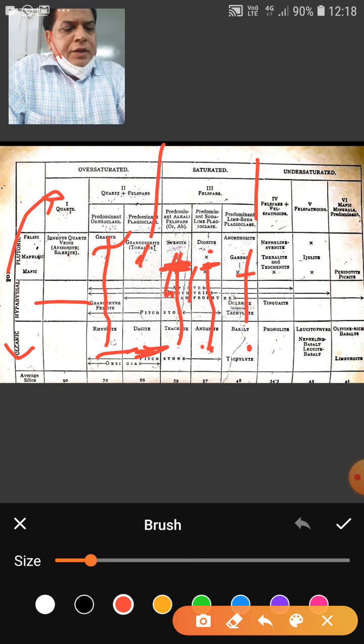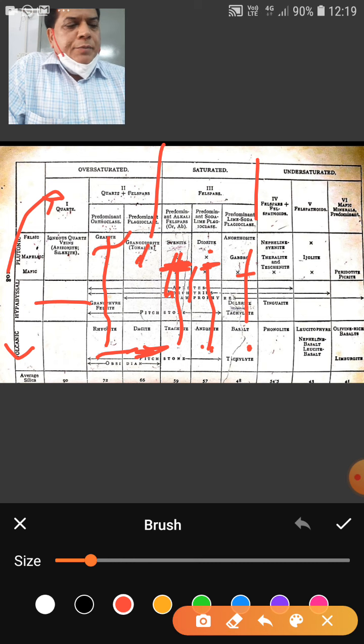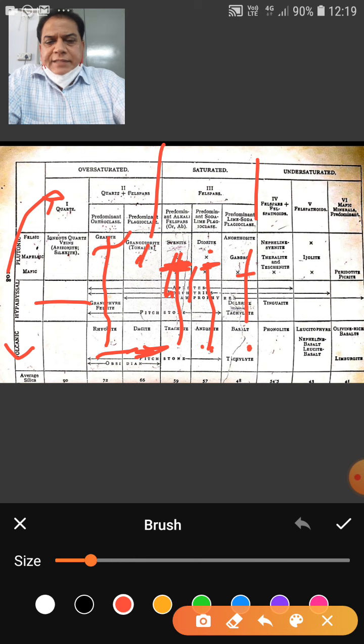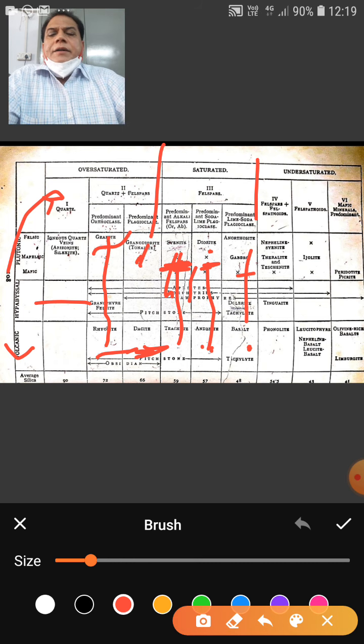So the horizontal classification is made on plutonic, hypabyssal and volcanic groups. The silica content in this table, if you see from one end to the other end, there is continuous increase or decrease in a particular base.